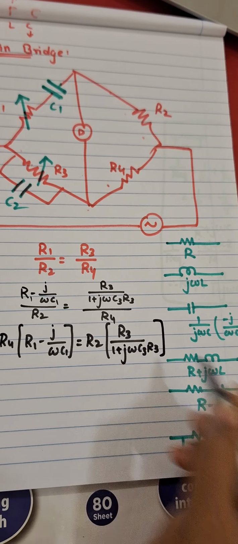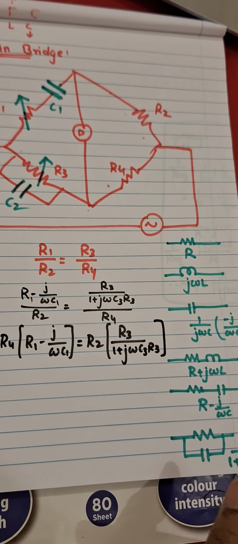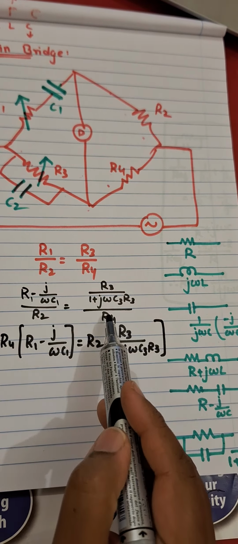So just remember, matter of practice. Clear? R4 is gone this side, R2 is gone this side. So now multiply this. It's better we multiply them. So this will become R1 R4 minus j R4 by omega C1, which is equals to R2 R3 by 1 plus j omega C3 R3.